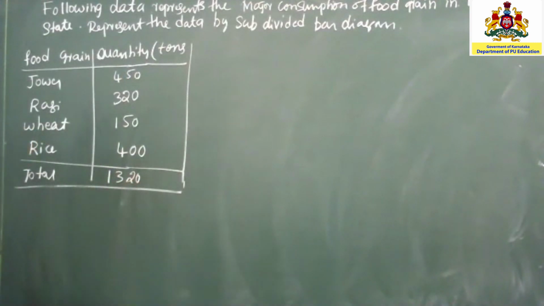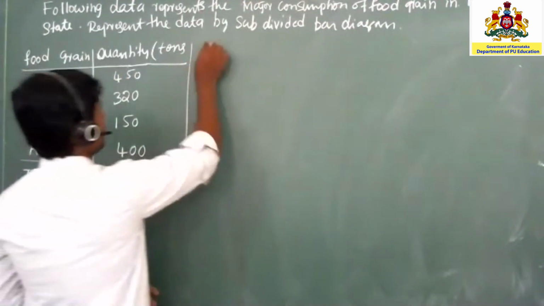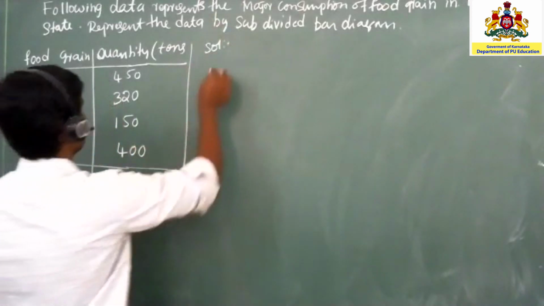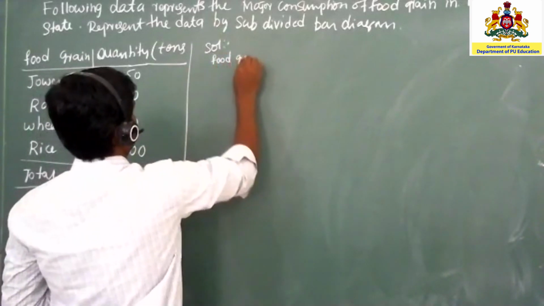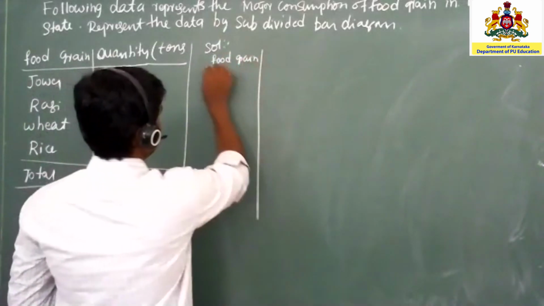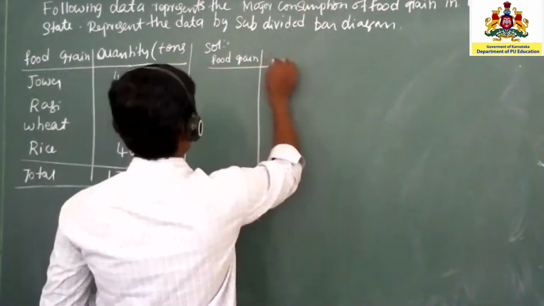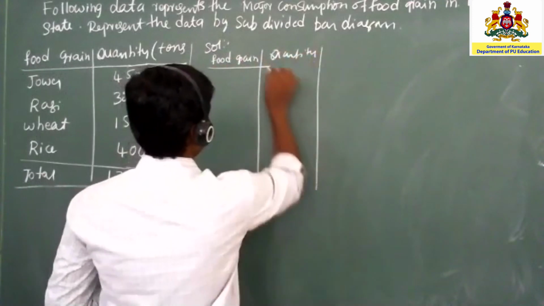So this is very easy to construct the graph. First in the solution, write down the data as it is. Food grain as it is, and quantity as it is.